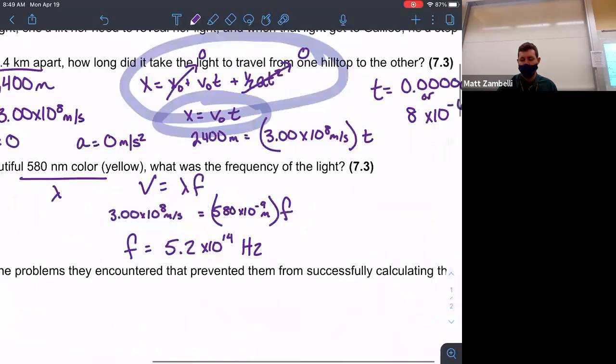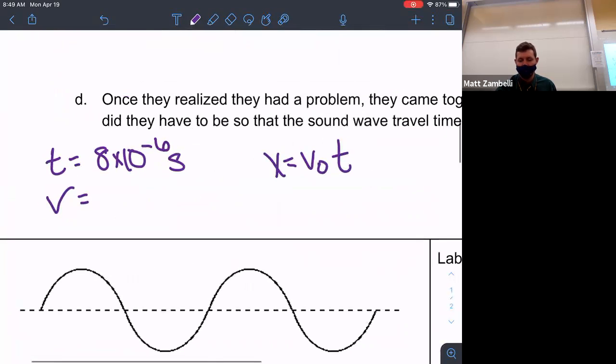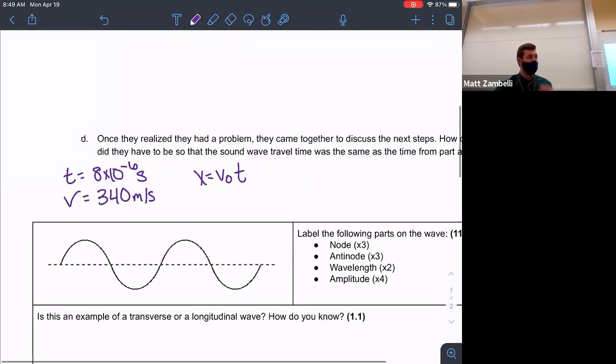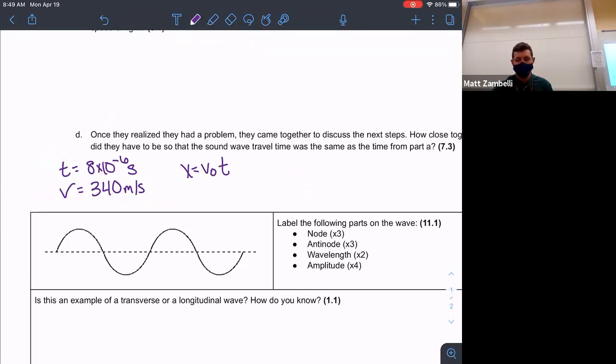So 340 meters per second, to figure out the distance that sound is going to need to travel. So we solve this one, we have x equals 340 meters per second times 8 times 10 to the negative 6 seconds.